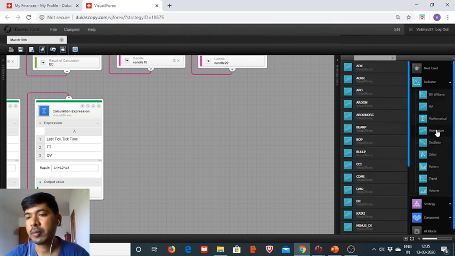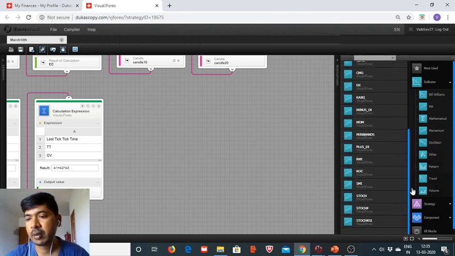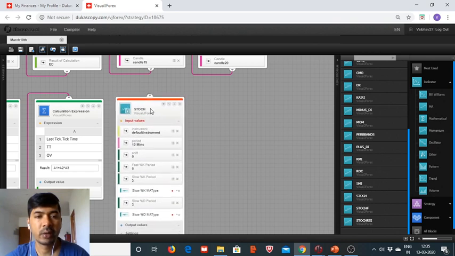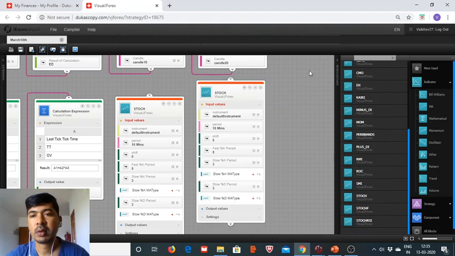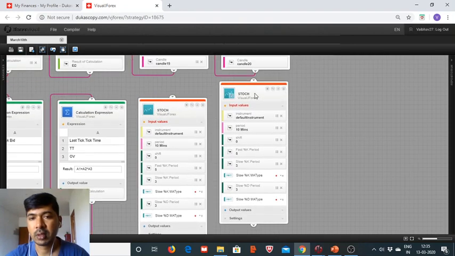The momentum, and here stochastic should be there. So this is the stochastic. We will need 2 blocks to define, and this is the setup.